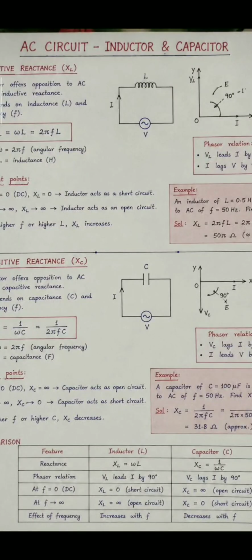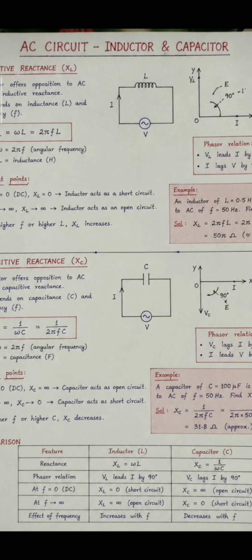And next is the comparison of inductor and capacitor. Reactance: for the inductor XL is equal to omega L, and for the capacitor XC is equal to 1 by omega C. Phasor relation: voltage leads the current by 90 degrees in an inductor, and current leads the voltage by 90 degrees in a capacitor.